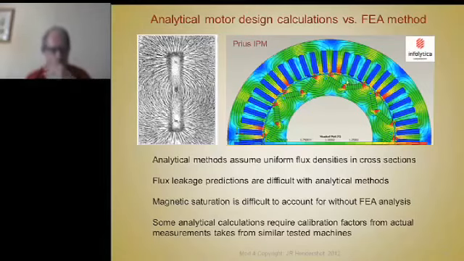And what is a finite element? Remember I told you I take this cross section, that dimension times the depth into the paper or the board or the screen, and that's my area, and I calculate the average flux density in that area. What finite element does is break all these areas up into finer little triangular cross sections, and it calculates the flux density in each one of those little things, and then knits them all together to get a flux distribution throughout the whole cross section.